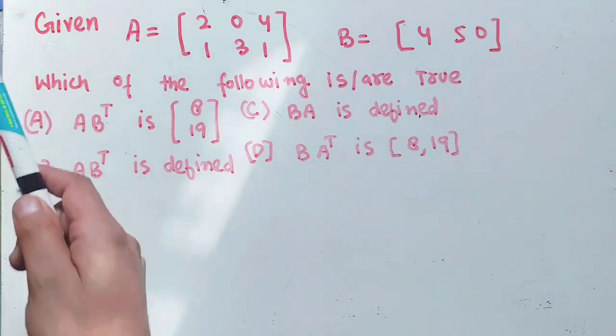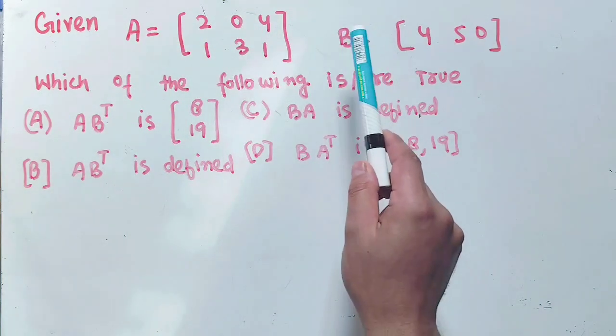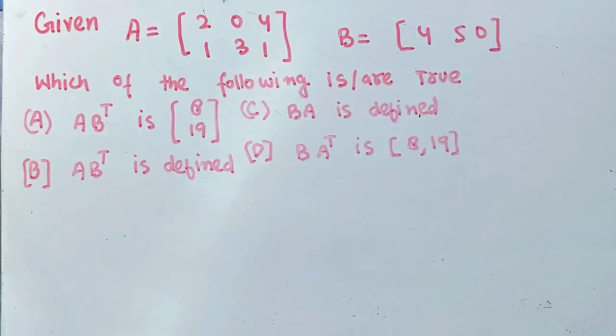Next question is, given the matrix A is equal to 2, 0, 4, 1, 3, 1, and we have another matrix B is equal to 4, 5, 0, which of the following is true? Options are given. We need to find out the correct option.